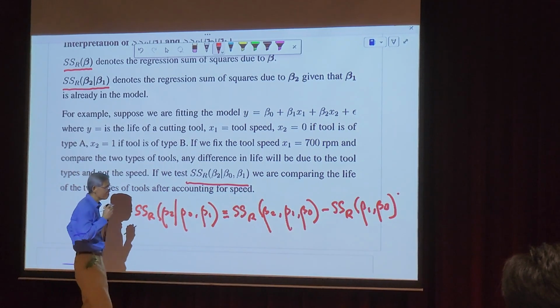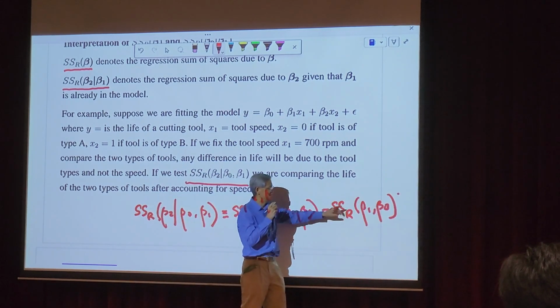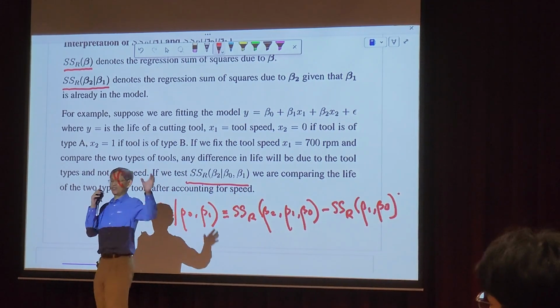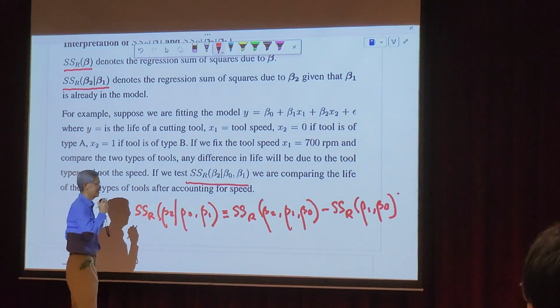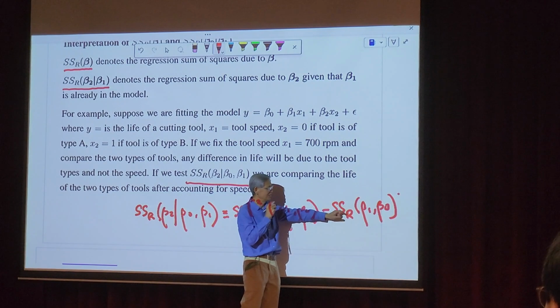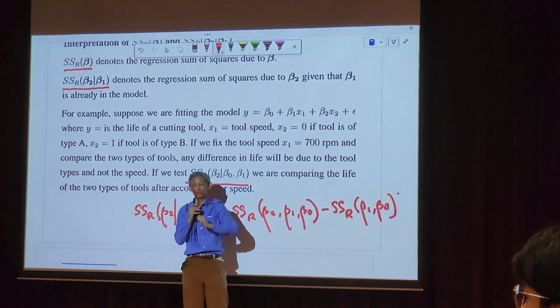That means, when I fit this model, I will get some value. Let's say 100, to make it easy for comparison. Let's say the sum of square of regression due to speed alone is approximately 100.